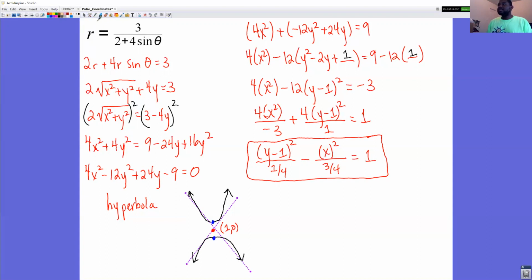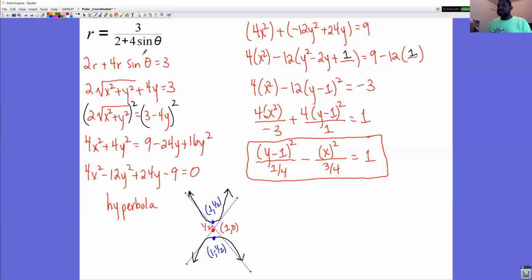All right. So the radius is going to be 1/2. So it's the square root of this number is 1/2. So from here to here is 1/2. The distance from the center to the vertex is 1/2. So that point up there is really 1, 1/2. And down here, this point is 1, -1/2.